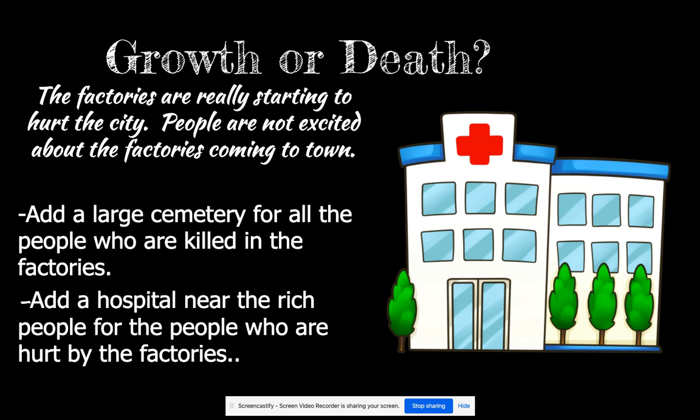Now, factories are starting to hurt the city in a lot of ways. It's starting to hurt the people, especially. They would start to create at this time large scale cemeteries that weren't necessarily connected to these little parish churches like they were used to. Lots of people are going to die from injury, maybe in the factories, or sicknesses from living in the tenement buildings and their terrible conditions.